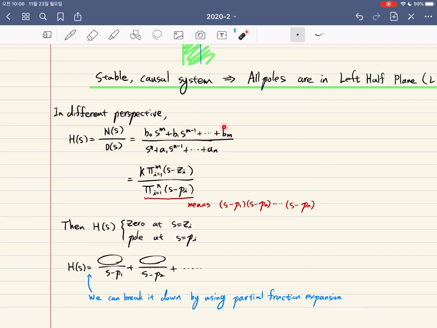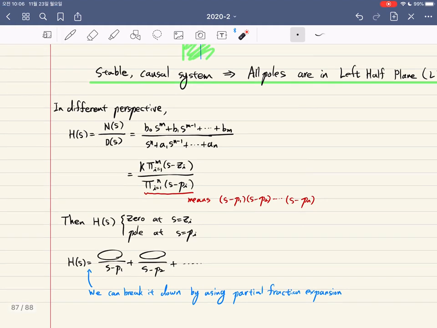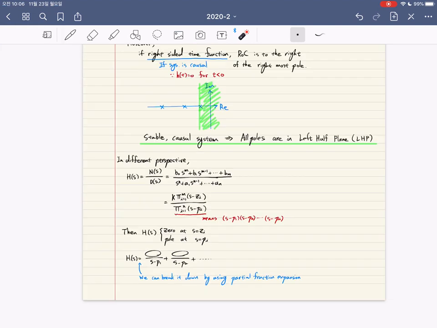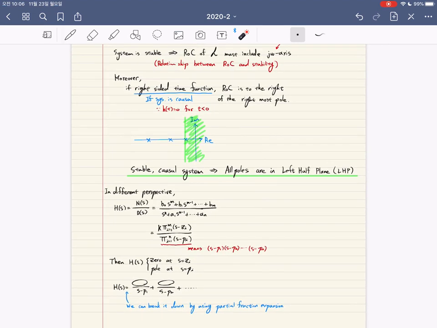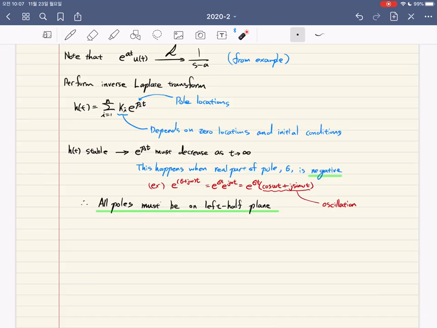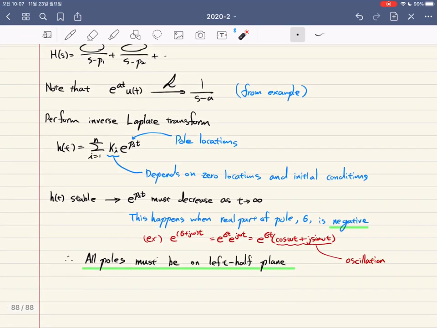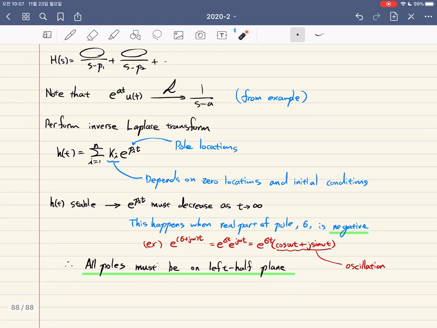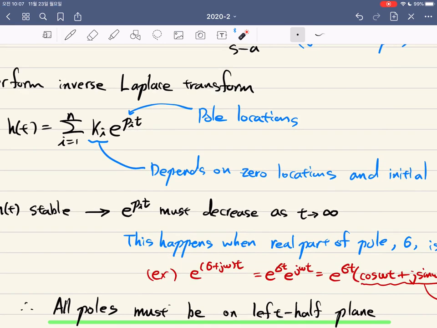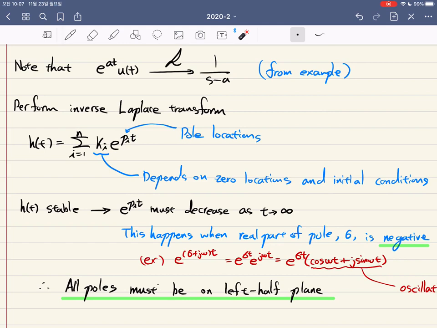The denominator as well as the numerator consist of polynomials, and we can do the partial fraction expansion to separate them, like a linear combination of 1 over s minus pole. And if we perform the inverse Laplace transform, then this Ki is decided by the zero locations and initial conditions, and this Pi here is a pole.